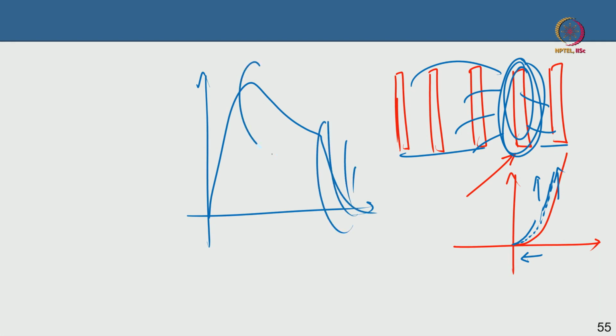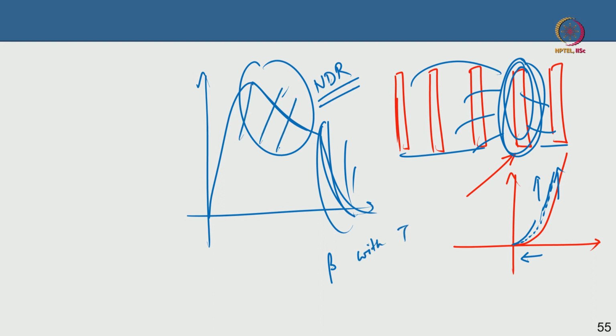Okay. This part, which is the NDR, is where this phenomenon has not yet started, but both this negative differential resistance and the collapse of the current gain have the same origin, which is the decrease of the current gain with temperature. Except that in the NDR part, because of the decrease in the current gain, your current is decreasing.